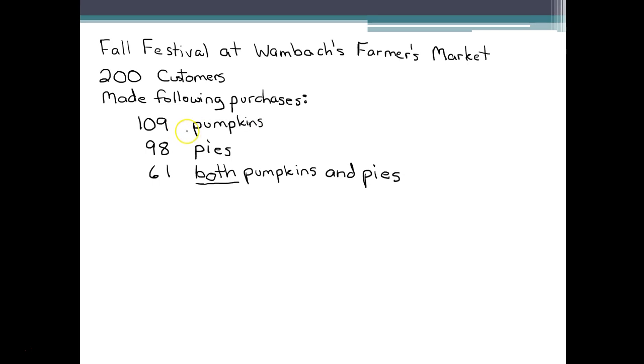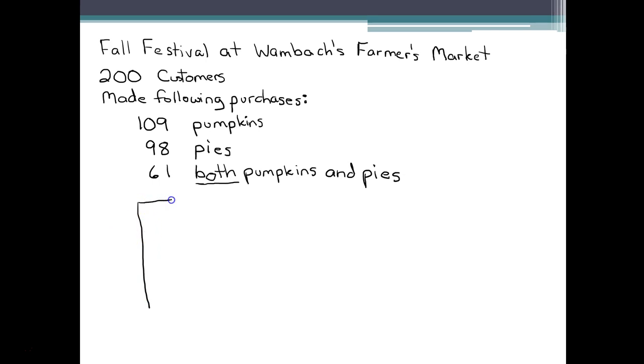They didn't say that those people didn't also buy other things like pies. Since they didn't say only, we have to assume they're just tallying pumpkins and tallying pies, and the information about both is going to help us tease out more from this 109 and this 98. That's exactly why we need the Venn diagram.